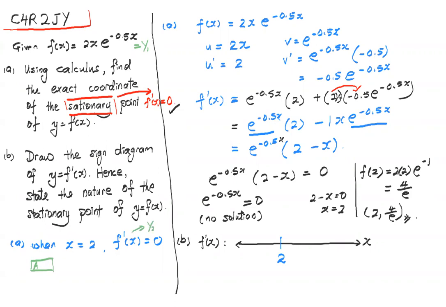I hope your GC, the Y button here, looks like this. If not, you had better make it like that now. And your Y2 is d dx of Y1 at x equals x.